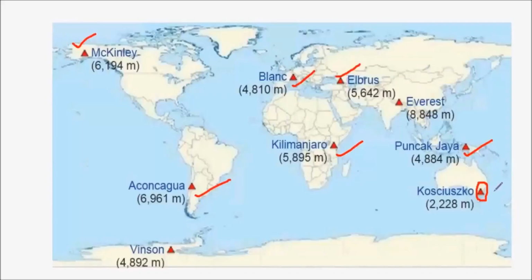The highest peak in Australia is Puncak Jaya, which is part of Indonesia, though this part of Indonesia comes under the continent of Australia. The highest mountain in mainland Australia is Kosciuszko, in Asia it's Everest, and in the Antarctic region it is Vinson Massif.